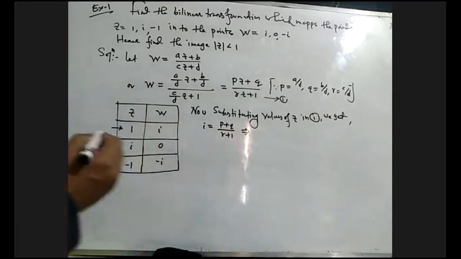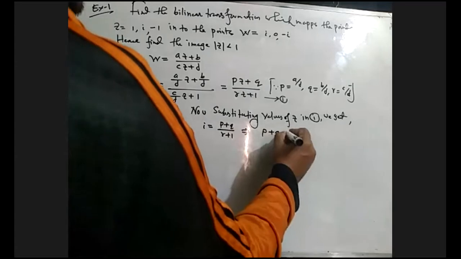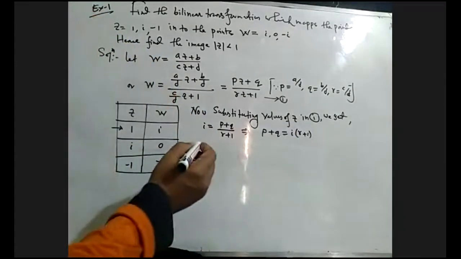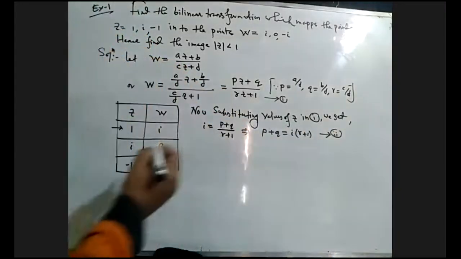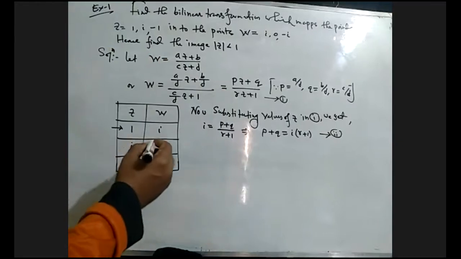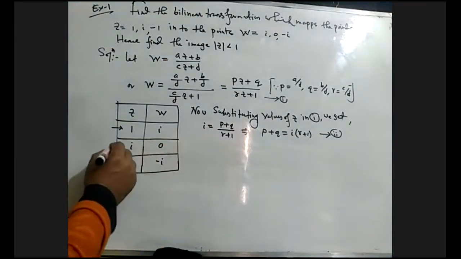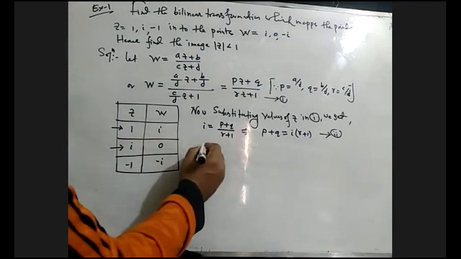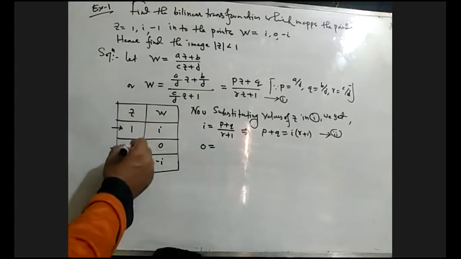That means we get P plus Q equals to i into (R plus 1). And this is equation number 2. Now for the second point, W equals to 0 and Z equals to i.